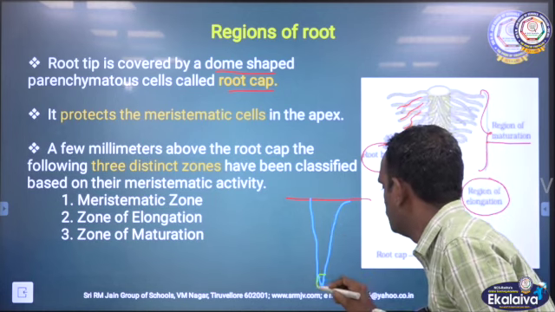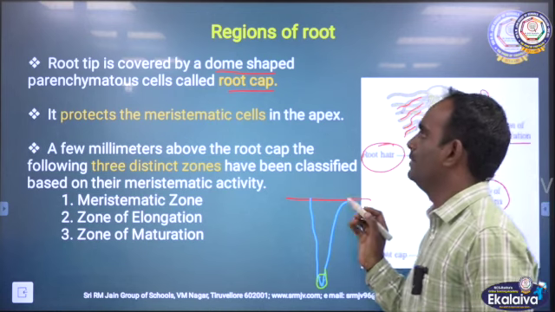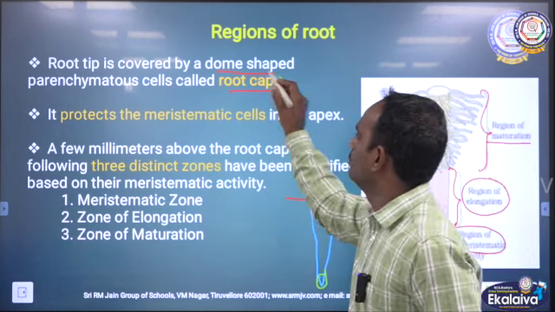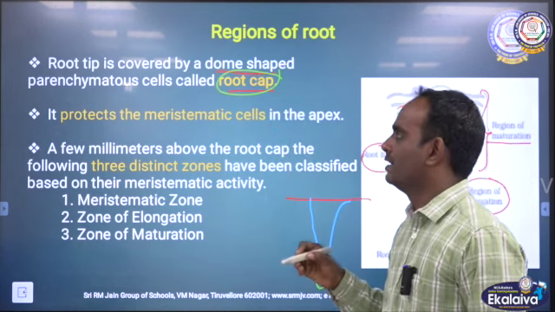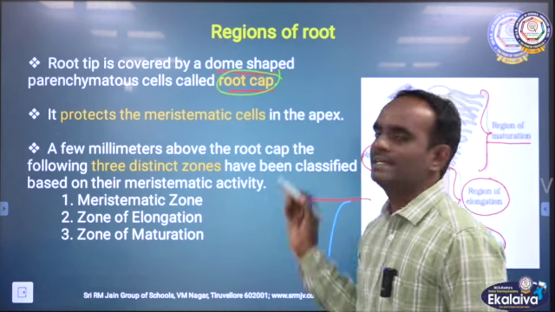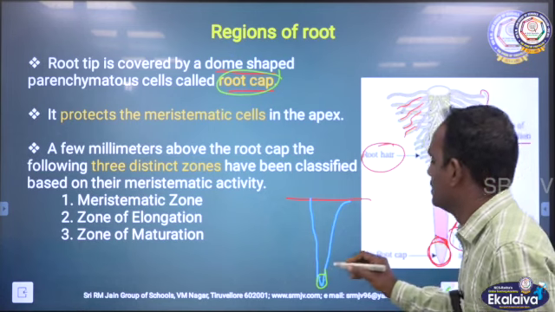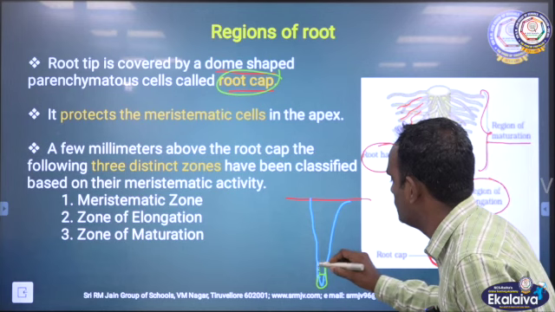So, this is a root tip. It is covered with dome shaped parenchymatous cells, that is called root cap. So it protects the meristematic cells. So root cap protects the meristematic cells. So meristematic cells are present here only.